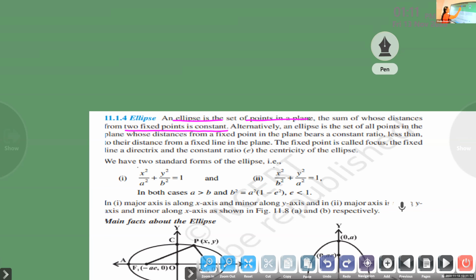Alternatively, an ellipse is the set of all points in the plane whose distance from a fixed point in the plane bears a common ratio less than one to the distance from a fixed line in the plane. So actually this is the definition given in your textbook. This definition is enough for ellipse. What is ellipse? Listen.